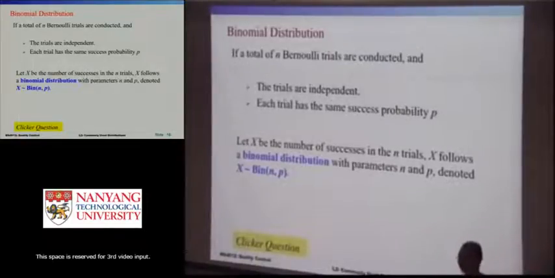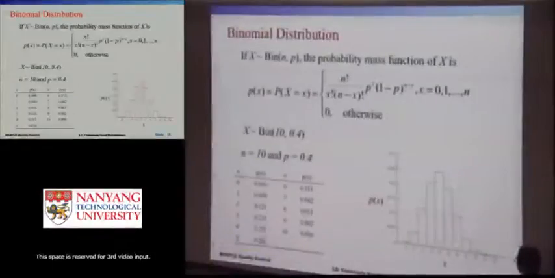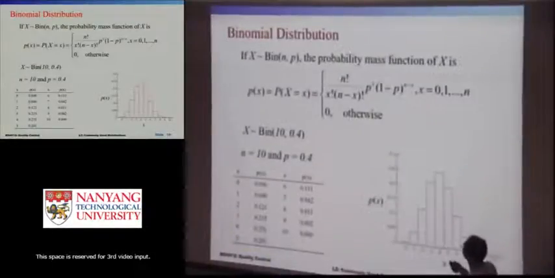Okay? Then we can see the probability density function given here. For x, the range is from 0 to n. If it equals other values, no matter whether integer or non-integer, as long as it does not equal these values, this PDF equals 0.